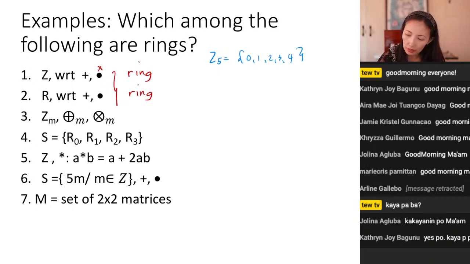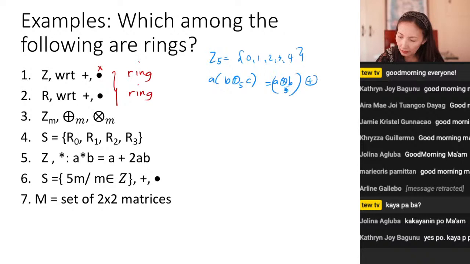A times the quantity B plus C, modulo 5, is equal to A times B modulo 5 plus A times C. Why are we still in modulo 5?